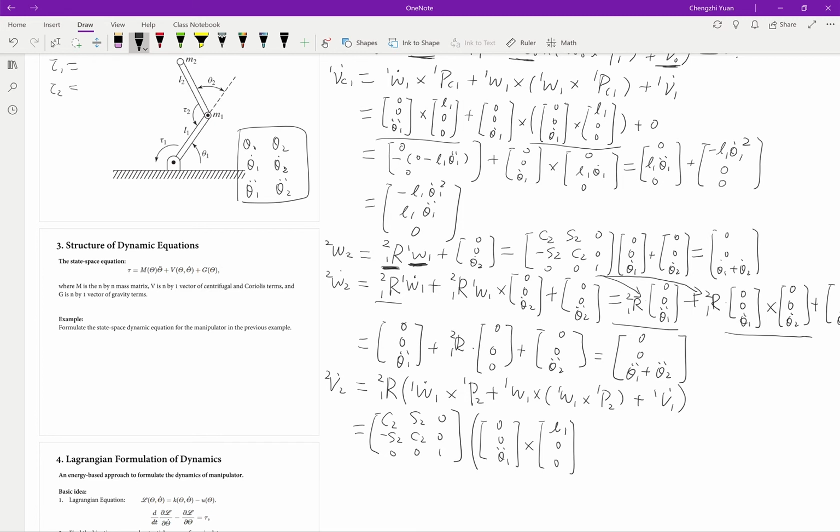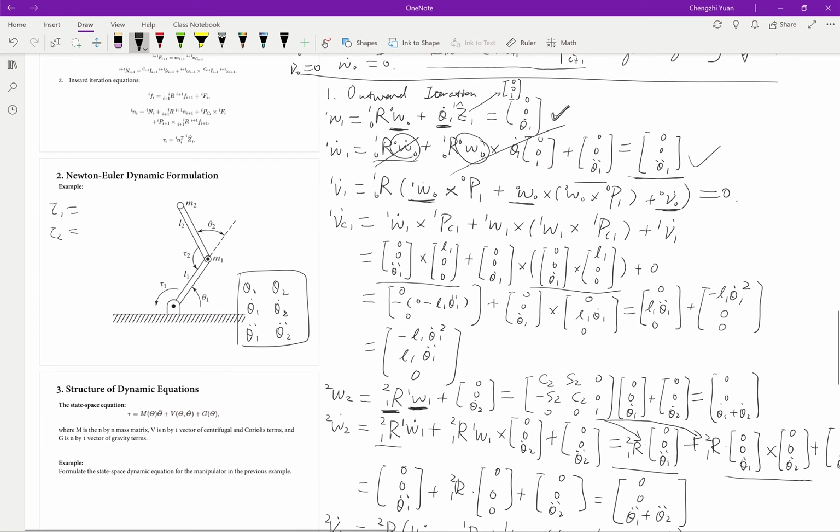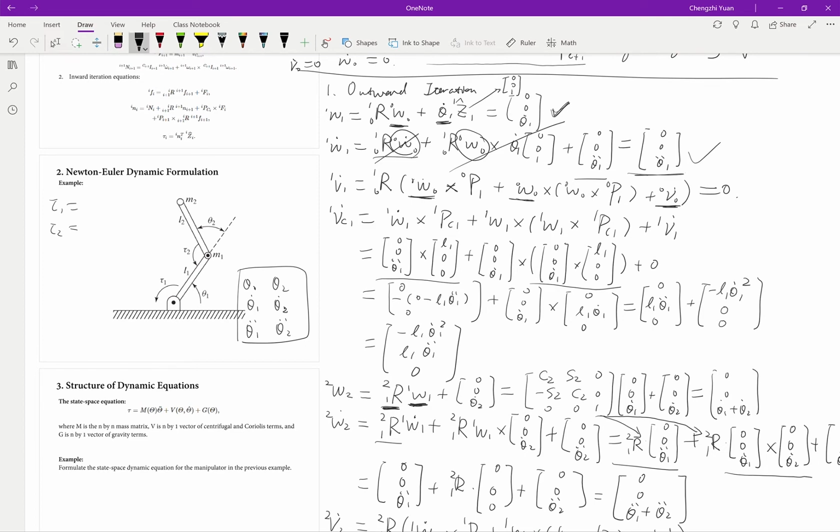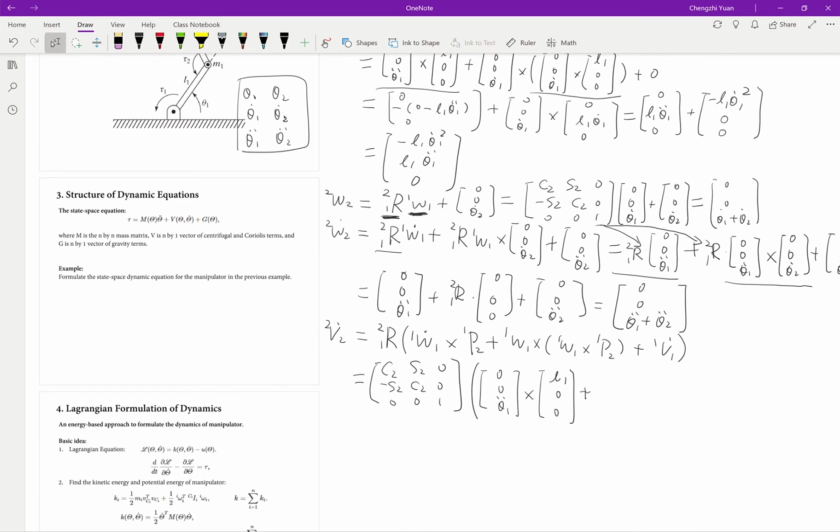So in this case, we can have omega 1 from the first iteration as 0, 0, theta 1 dot, and then cross product with L1, 0, 0.